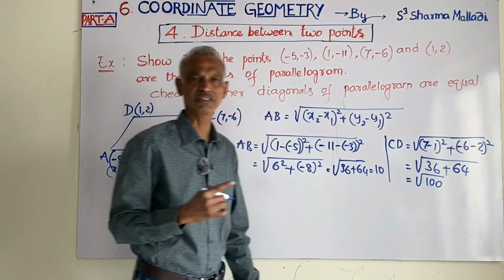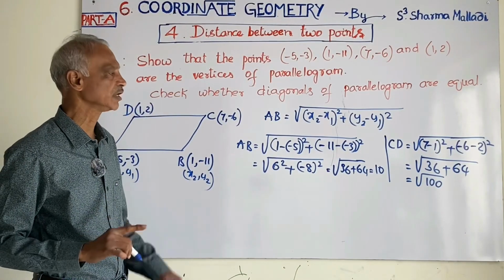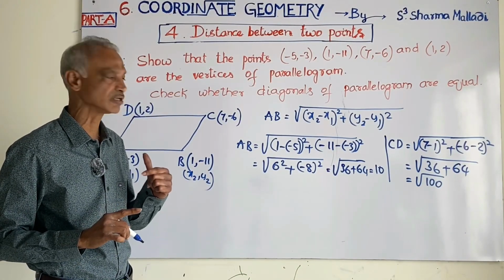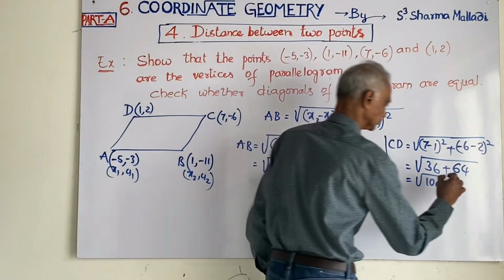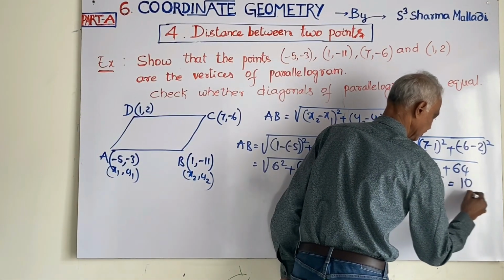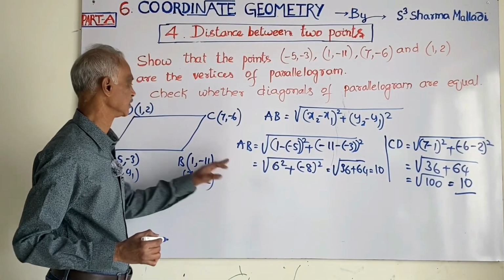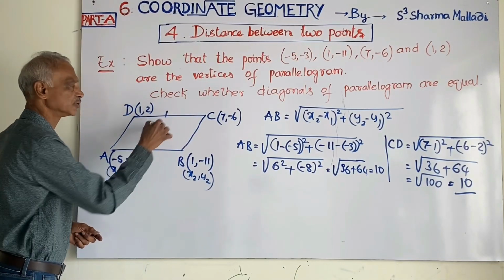Root of 100 means plus or minus 10, but you have to take plus 10 because the distance will be positive, so CD is equal to 10. As you see, AB and CD, opposite sides, are equal to each other.